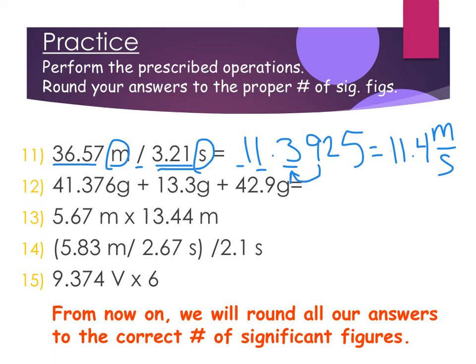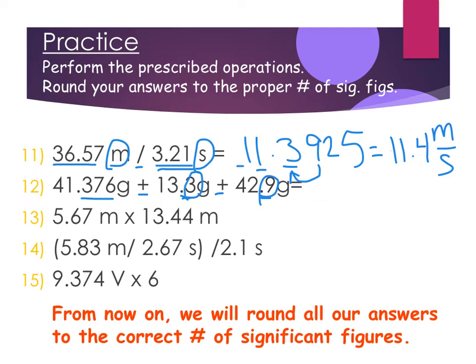Now let's look at number 2. With this one, we have addition as our operation. With addition, we go by decimal places. Our first factor has 3 decimal places, 3.3 only has 1 decimal place, and 42.9 only has 1 decimal place. So the least number of decimal places in this example is just 1 decimal place.